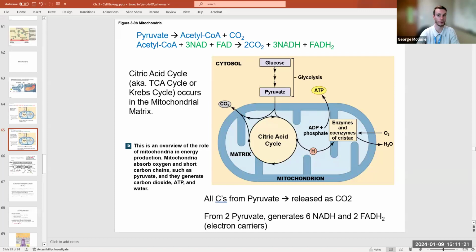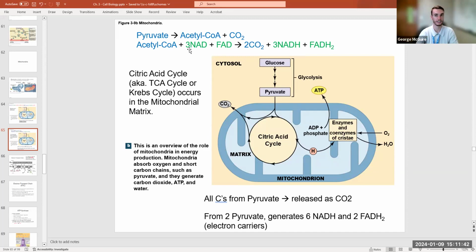We produce even more NADH, and then this other electron carrier, FADH2. And again, the whole point of these is to carry those high-powered electrons from those hydrogens. These are essentially hydrogen ions, carrying those high-powered electrons to our final stage of respiration.